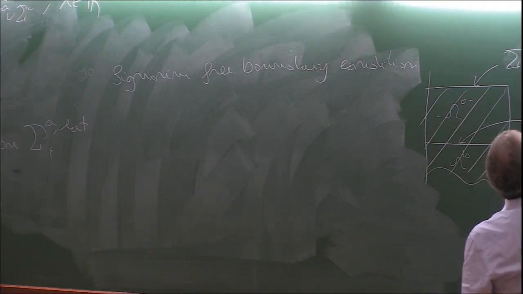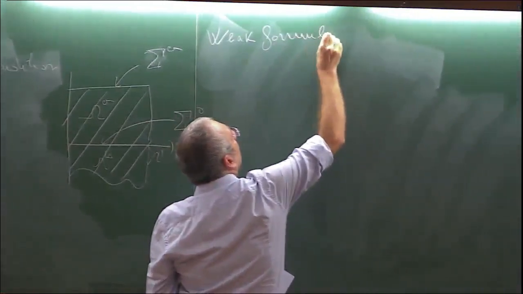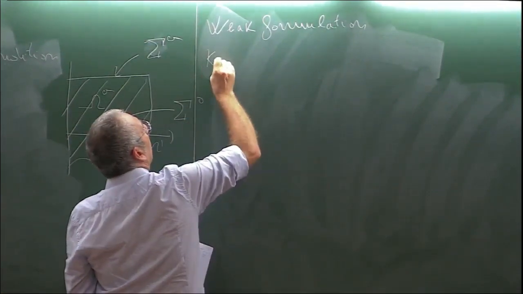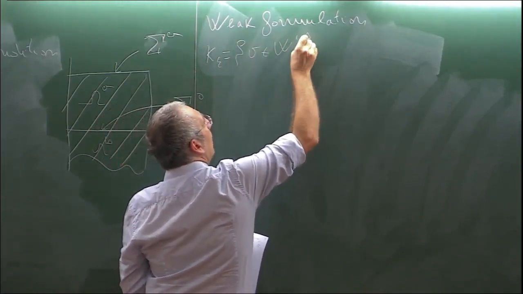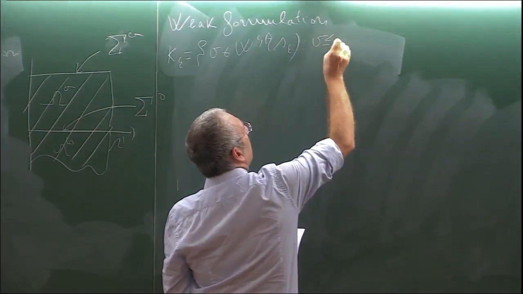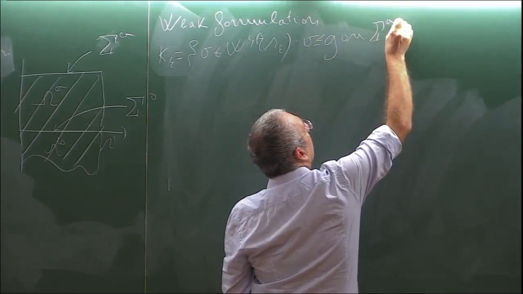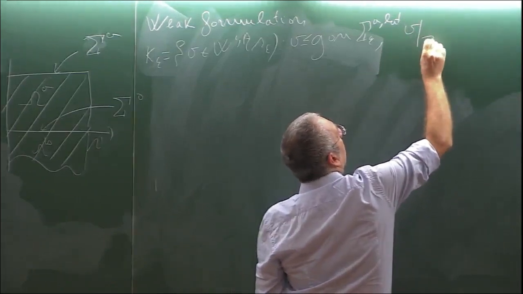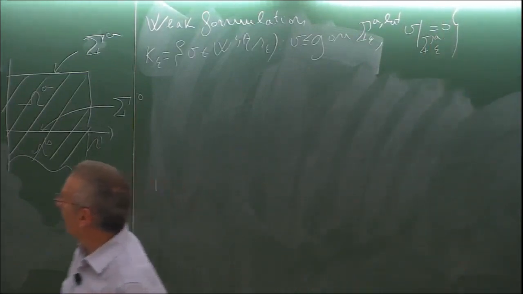Weak formulation. Let us denote by K epsilon the set of v in W^{1,p}(omega epsilon) such that v is less than g on sigma A lateral epsilon, and the restriction of v on sigma A epsilon equals 0.